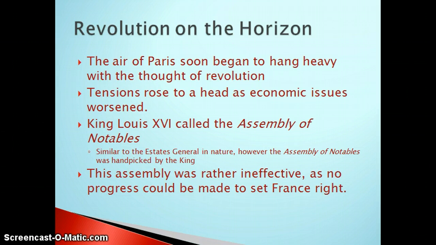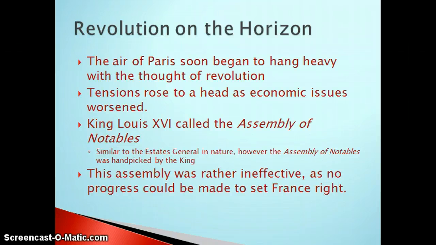However, the Assembly of Notables is different in the fact that instead of containing delegates from each estate, the Assembly of Notables was handpicked by the king because they were a specific task force to fix these economic issues. However, the assembly was rather ineffective. No progress could be made, and France could not be set right.